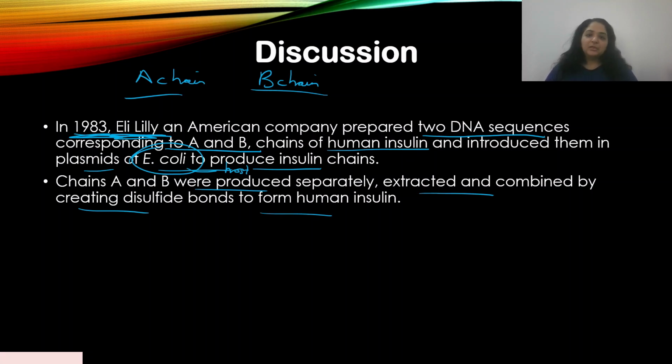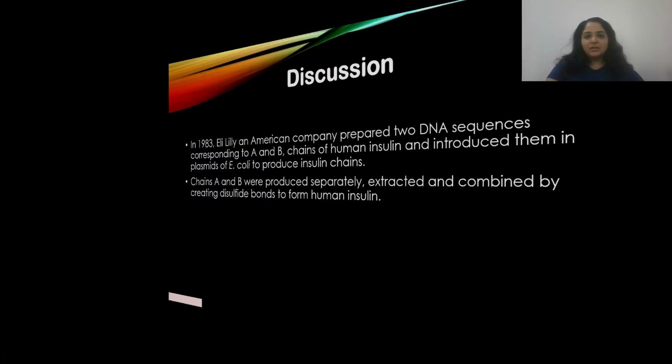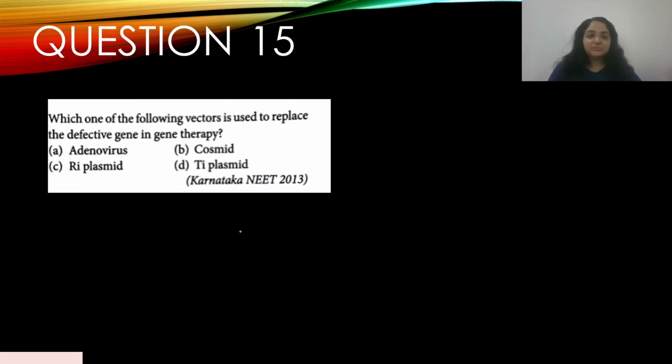This is another example of how rDNA technology proved to be a very useful tool in medical technology. First we saw gene therapy, then we saw the production of insulin. Insulin was the first human hormone. Okay, let's move on.